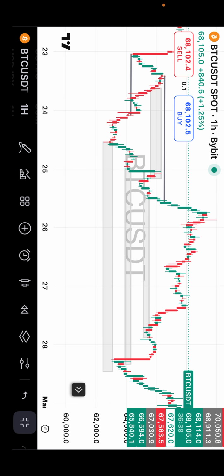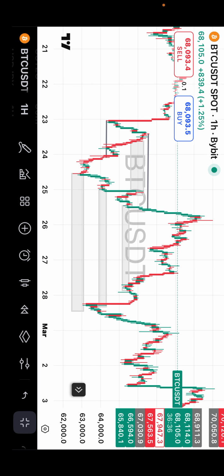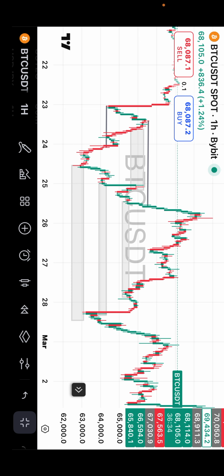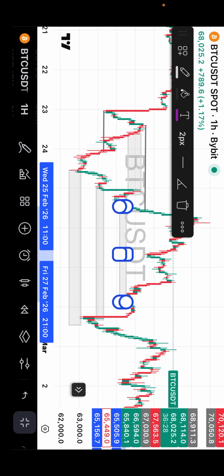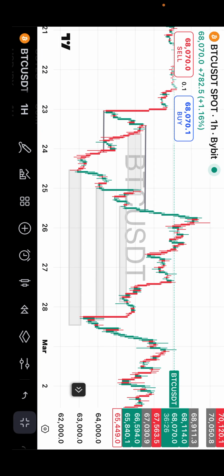Whenever you see multiple zones, you focus on the last one. In a situation whereby you have 1, 2, 3 zones, your main focus should be on the extreme zone, because in these 3 zones there is a lot of imbalance.